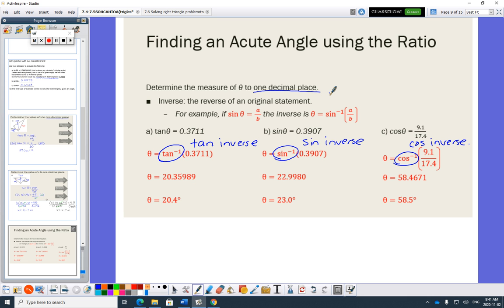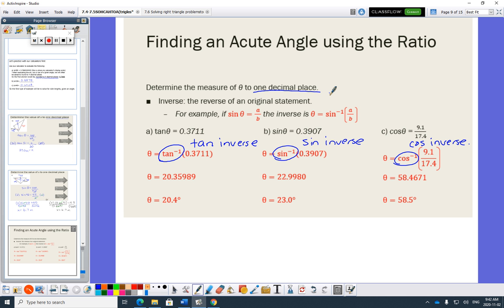Do brackets show up? Then you're good. Then you can do 9.1 divided by 17.4, close the bracket, and you're done. If you don't get brackets automatically, then you have to put them in, okay? So cos inverse, bracket, 9.1 divided by 17.4, bracket. Or what your calculator will do is cos inverse of 9.1 and then divide by 17.4. So you want the calculator to do the division first.